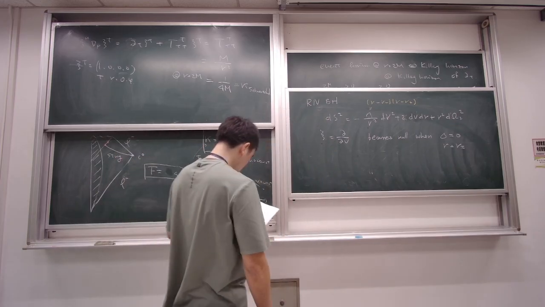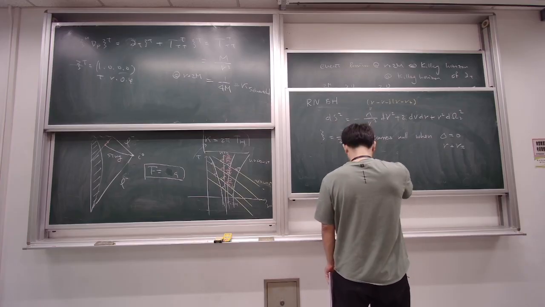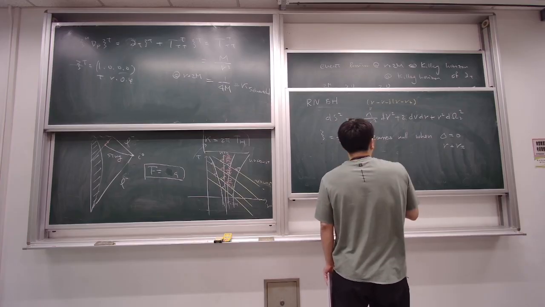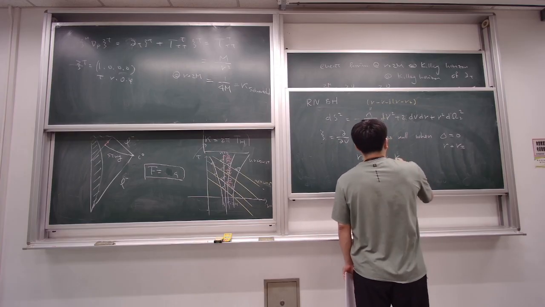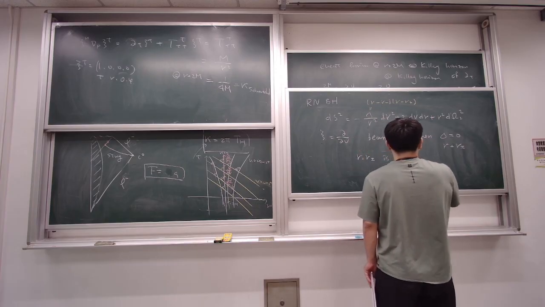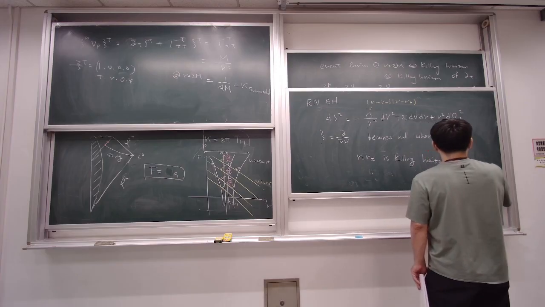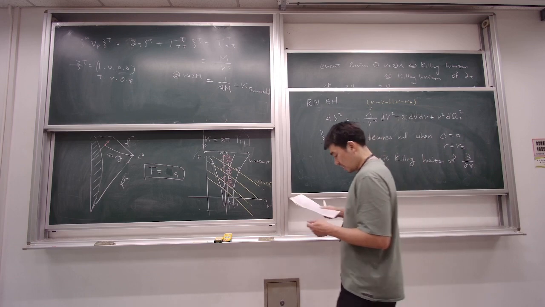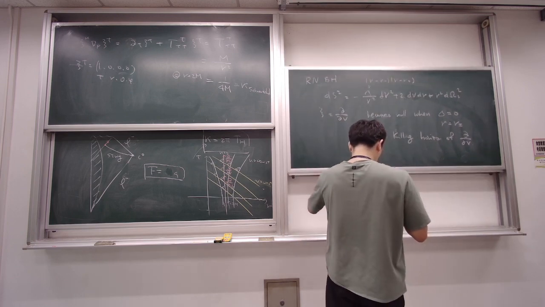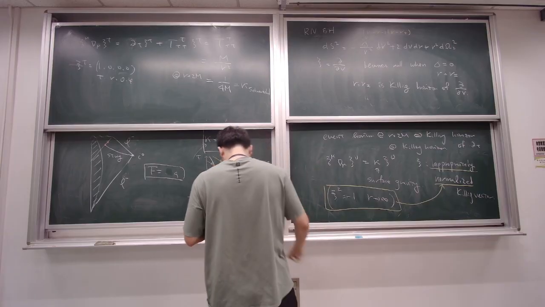So therefore, this is the Killing horizon. So R is equal to R plus minus is the Killing horizon of this delta V. Okay. And how to compute the surface gravity? For surface gravity, we can just compute like this way.